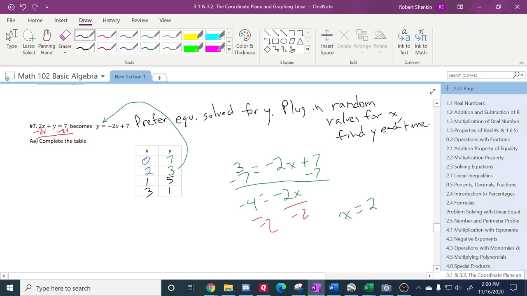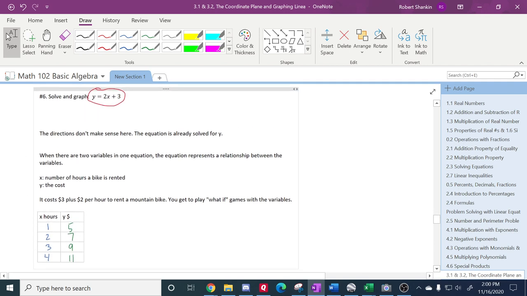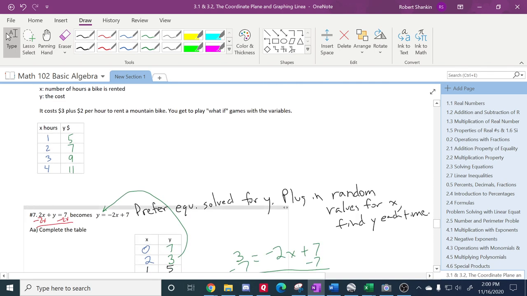Now, in the previous example, we gave a context. Number of hours a bike is rented, the cost. It's a relationship between these, and you play what-if games. But one of the things about math is you can take the equation completely out of context. So we don't even know what the x and the y represented.